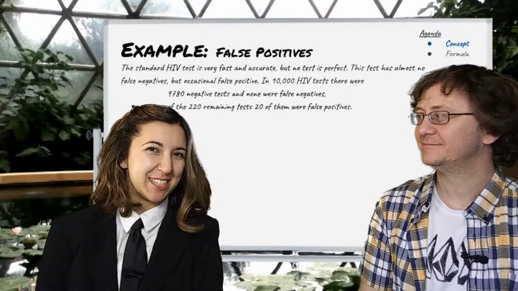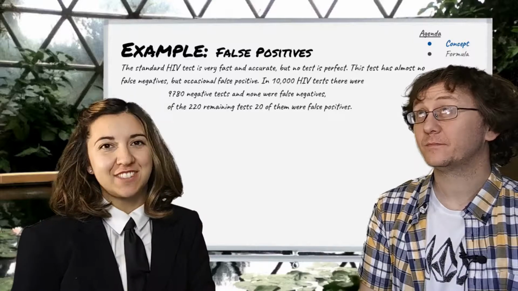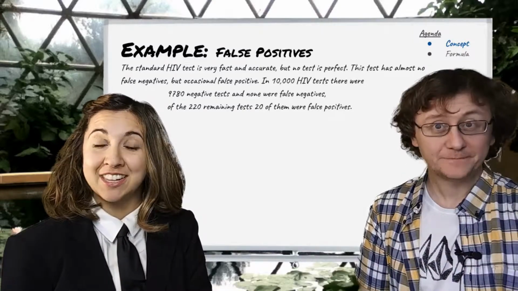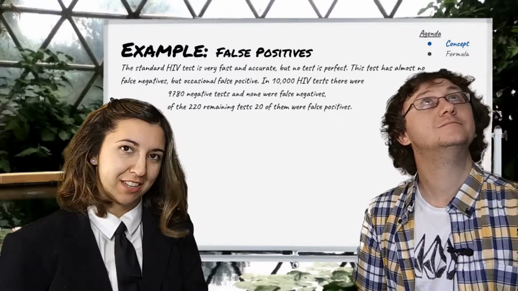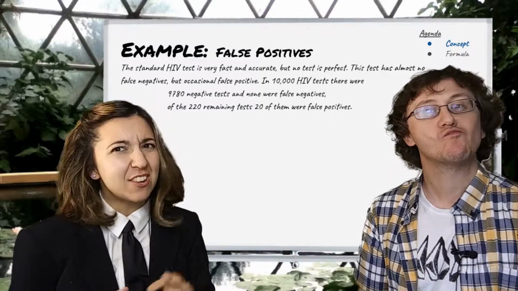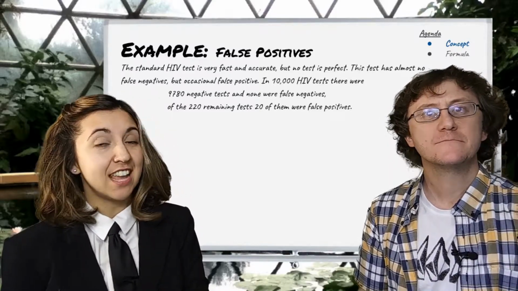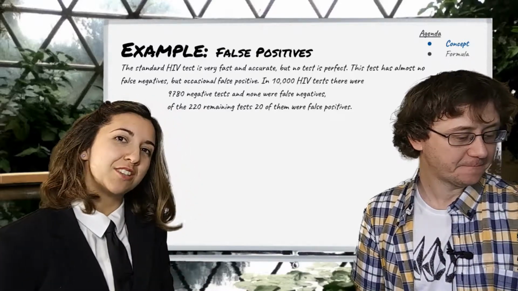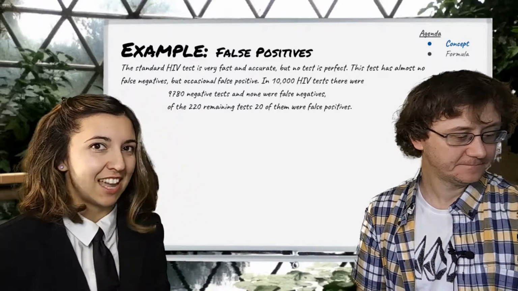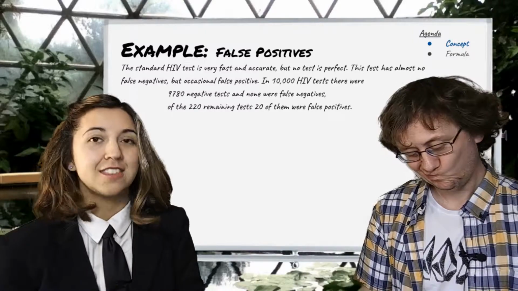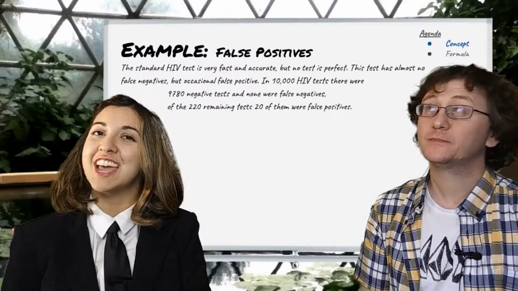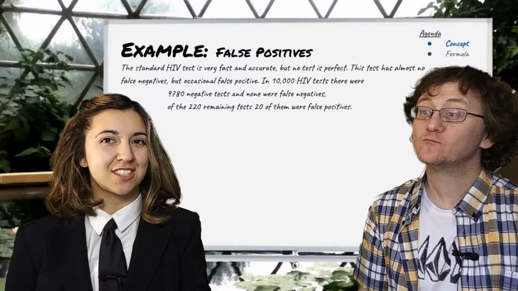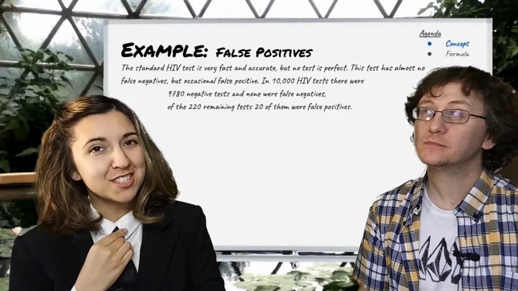Public health and safety. The standard HIV test is very quick and accurate. However, no test is perfect. While there is very little to no chance of a false negative, there is some chance of a false positive. In the results of 10,000 HIV tests, we got the following. There were 9,780 negative test results, of which none of them were a false negative.